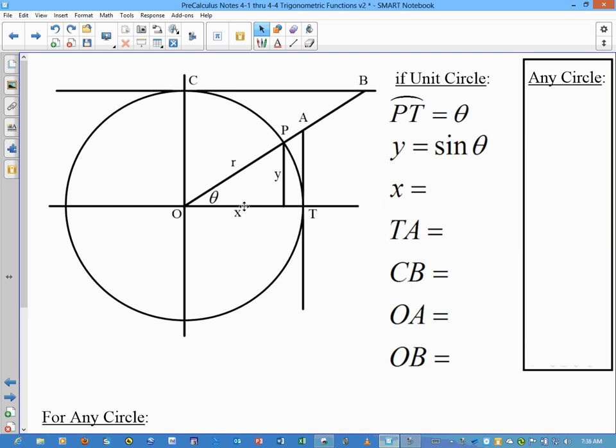Because if we consider this angle here, which would be angle COP, its relationship to theta is that it would be complementary. These two angles would add up to this 90-degree angle.